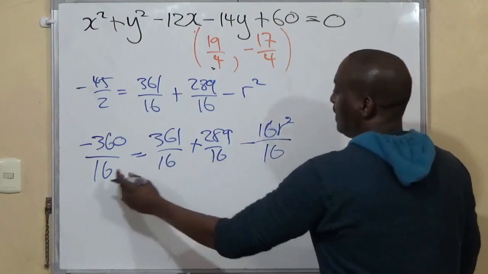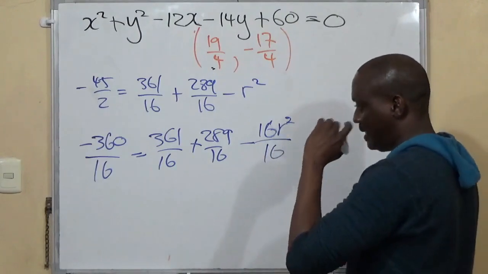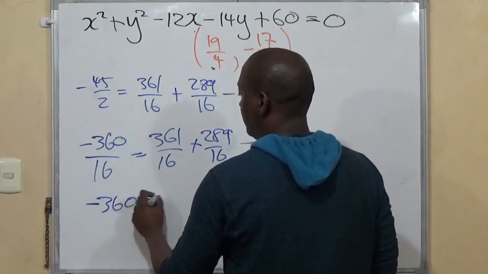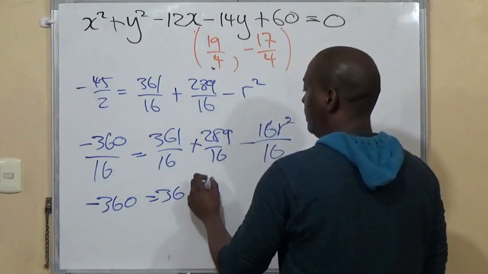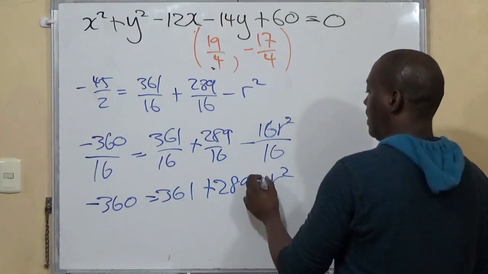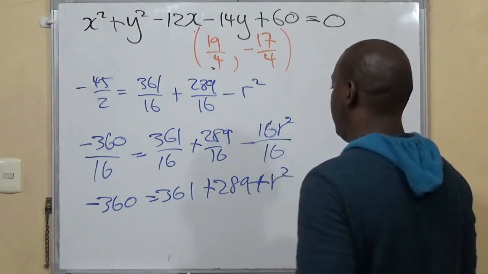If we do that, it will allow us to remove all the denominators and do arithmetic just at the level of the numerator. So we now have minus 360 is equal to 361 plus 289 minus r squared. So this plus this is how much?